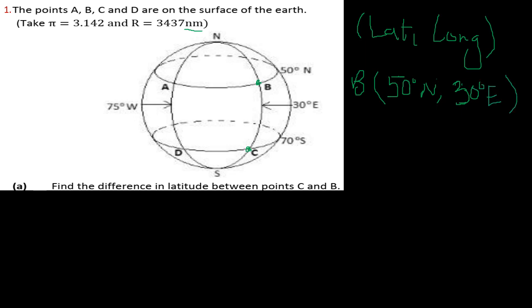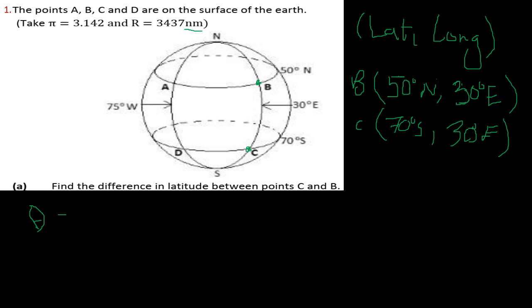Then point C lies on latitude 70 degrees south, comma, longitude 30 degrees east as well. Okay, so now the difference is simply denoted by the symbol theta.